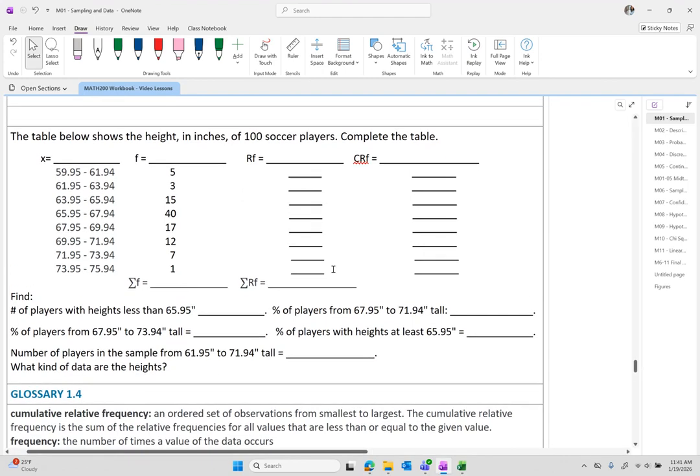So we have to complete the table, and you should pause the video now and either watch the video for question 4 project 1 or try yourselves to identify what is the variable and what are the units of measure, what does frequency mean, what does relative frequency mean, and what does cumulative relative frequency mean. Also, instead of doing the math by hand, the project allows us to use Excel to do the math in Excel.